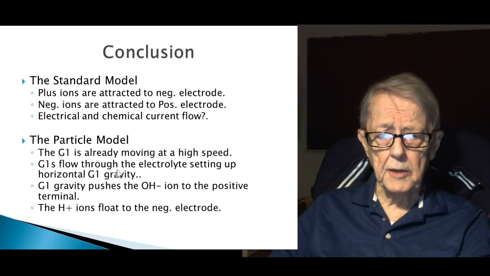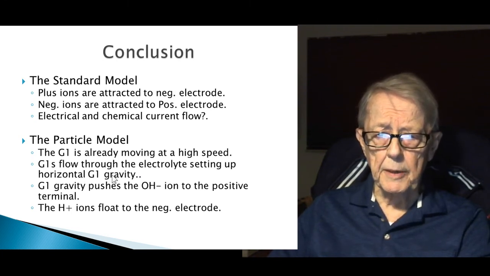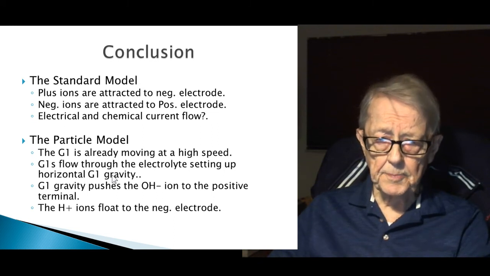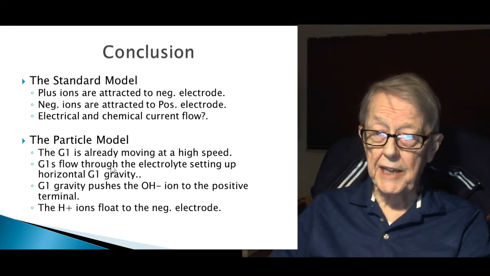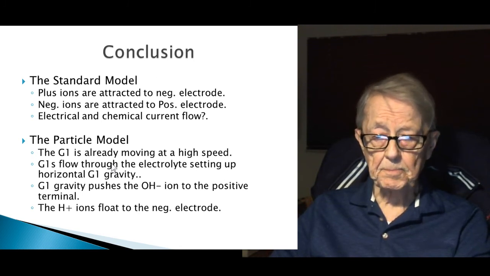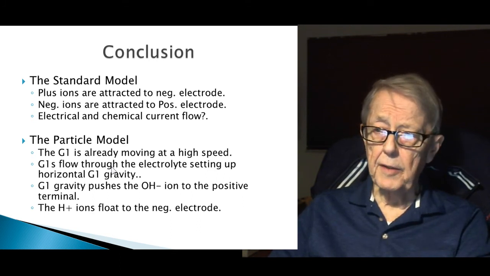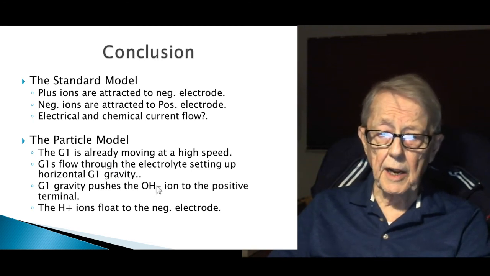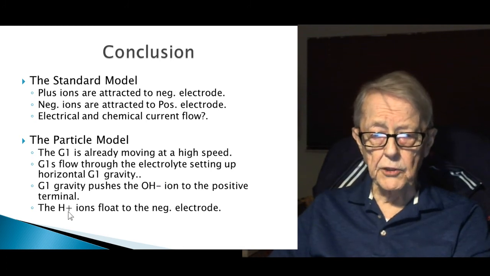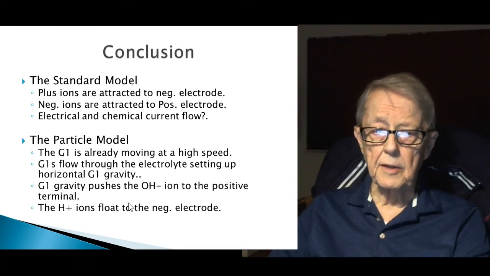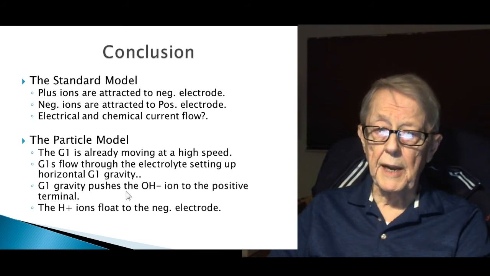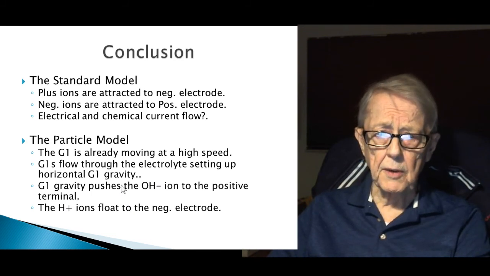G1s flow through the electrolyte, setting up a G1 gravity there. The G1s scatter and become orbitals of the hydrogen ion, and the G1 gravity that's between the plates pushes the hydroxide atoms towards the positive terminal, and the hydrogen ions float towards the negative electrode. It's all mechanical, no positive, no electric.